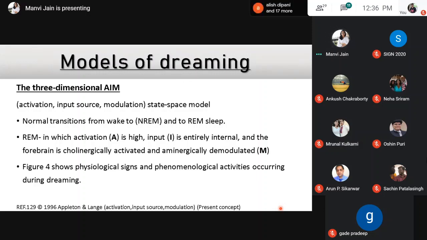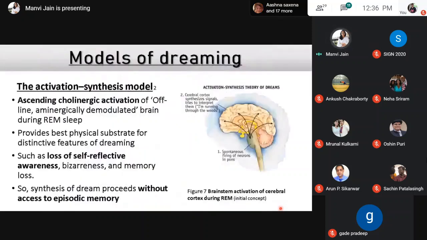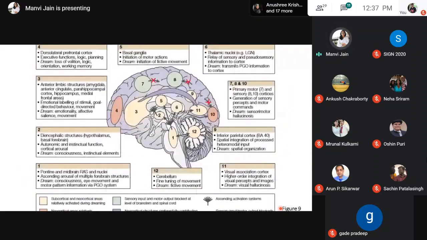But a negative point of the activation synthesis model is that the whole process is very arbitrary. Everything comes about, and if some neural circuits are forming, any information can be taken and suddenly visualized. But that is not true, and we are going to see that in this particular diagram.